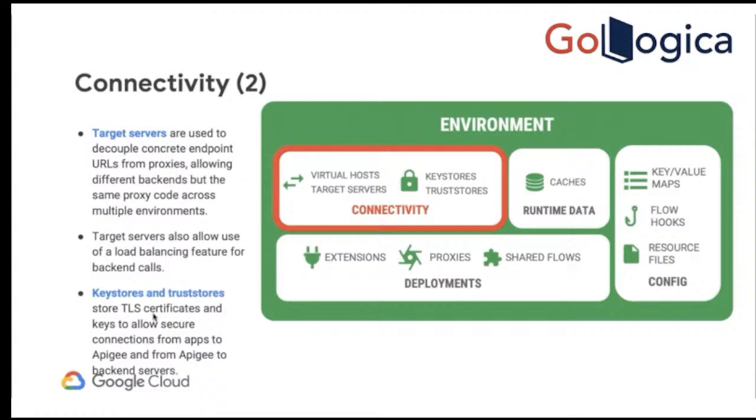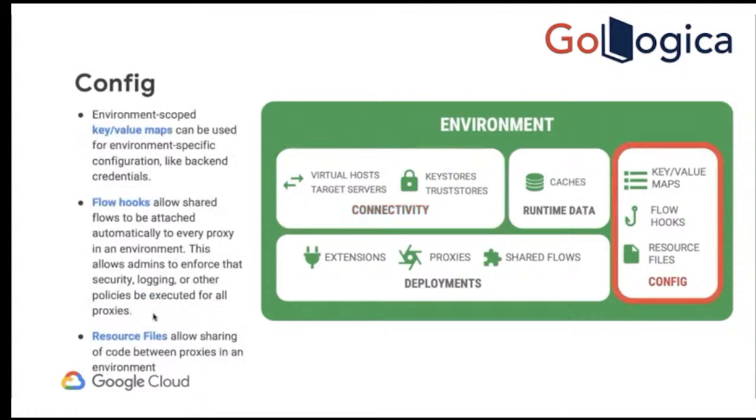So the key store is the Apigee thing, and the trust store is for the other party which we are going to call from Apigee. We will cover these in detail later on. This is just, as I said previously, to get an idea about these terms.